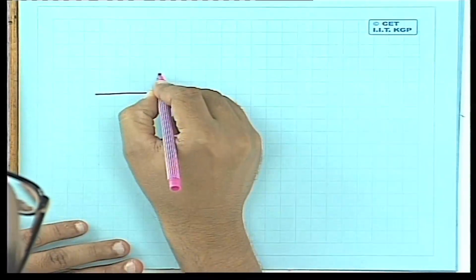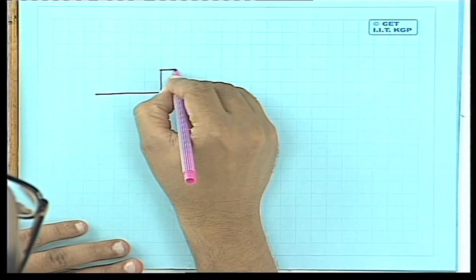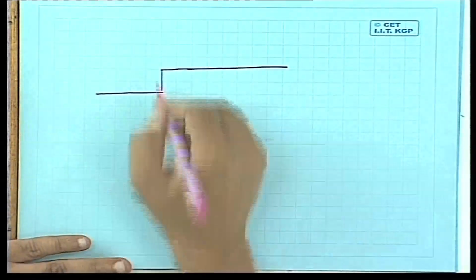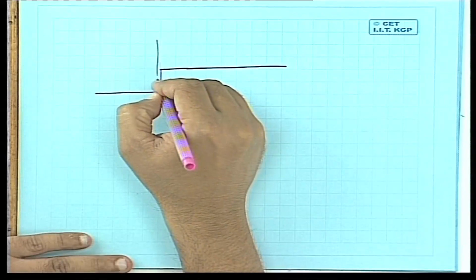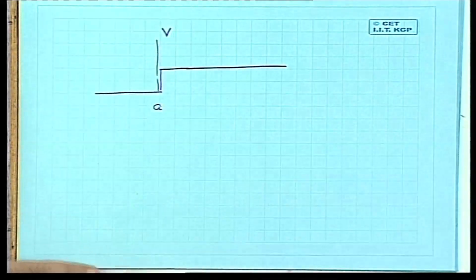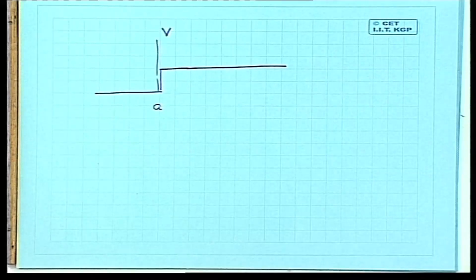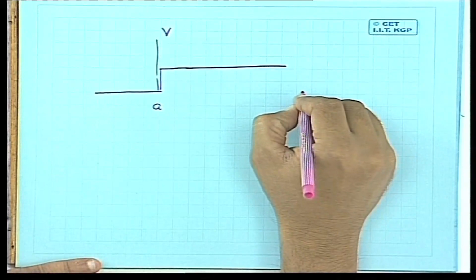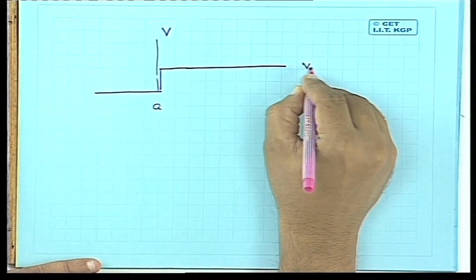Now let us go back to the general situation where we have a potential barrier again, could be like this, at some point, let us say A, this is V, and the potential jumps from some value, say 0 to V naught over here.